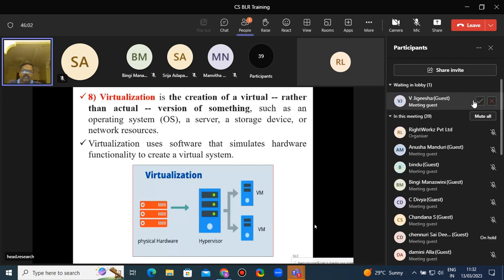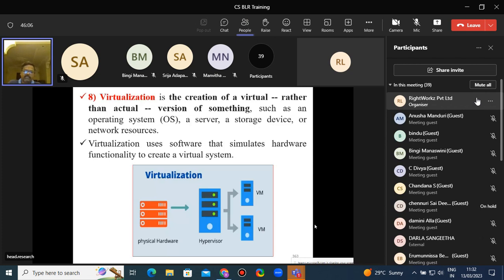Virtualization uses software that simulates hardware functionality to create a virtual system. Like physical hardware, hypervisor, we are creating VMware virtualization.